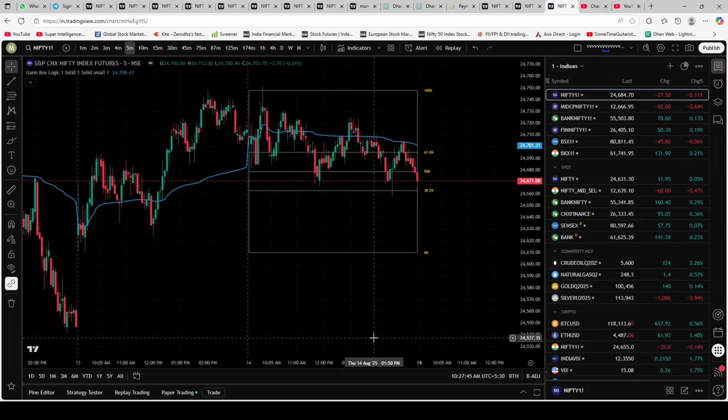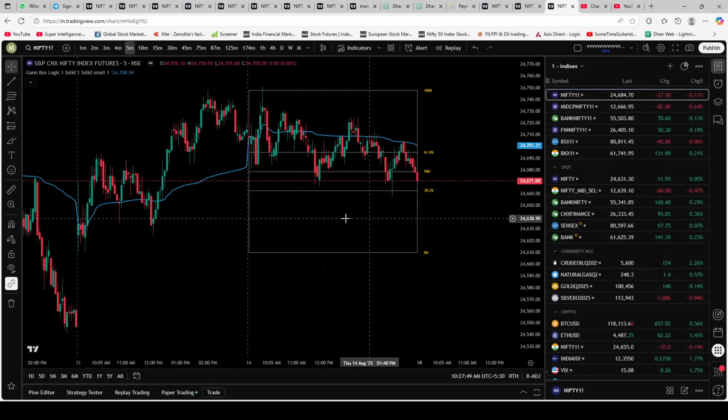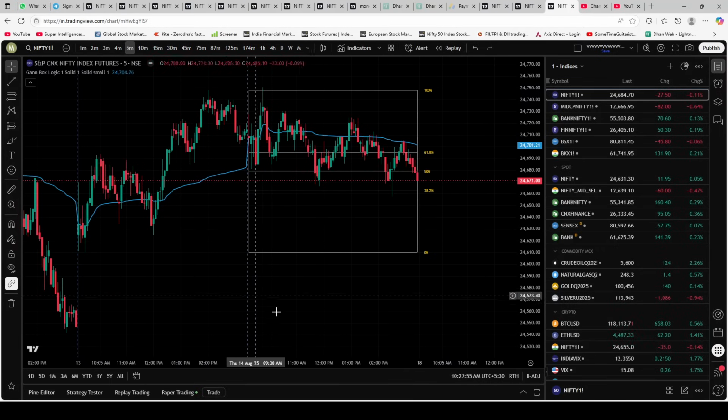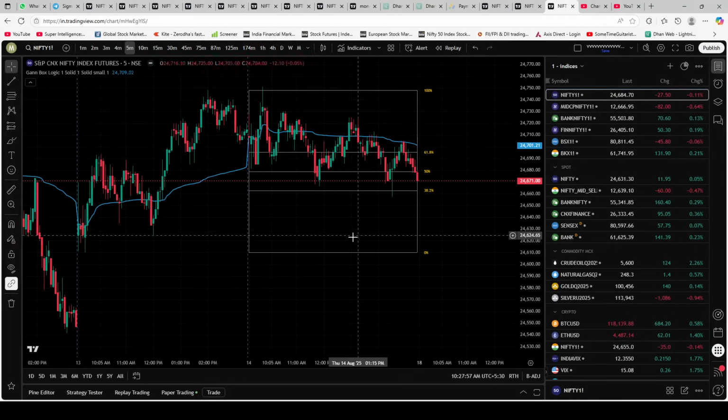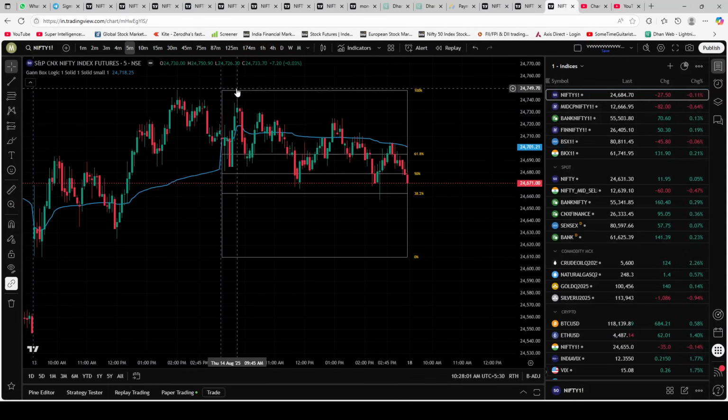But on a general note, on normal days, things will look like this, where this area we will treat as a no trade zone. And for example, on this day, on Thursday, the perfect trade would have been to short over here and then book profits over here.